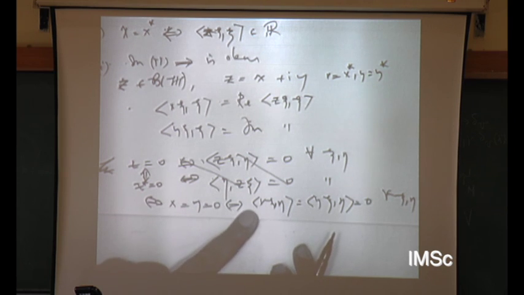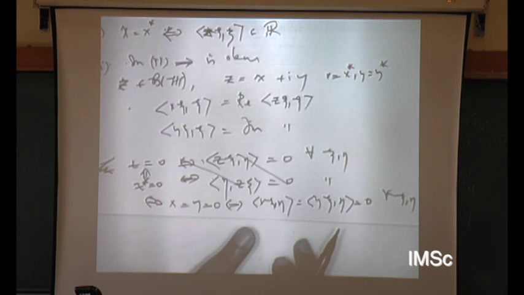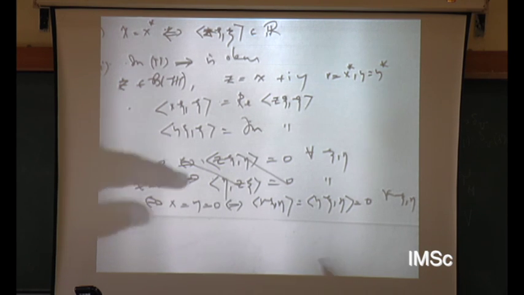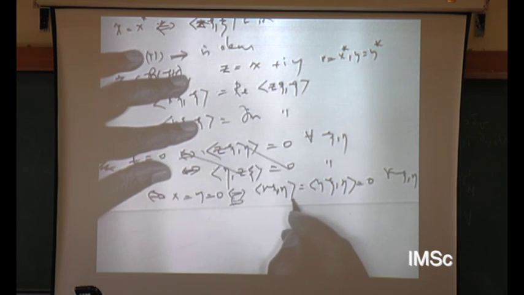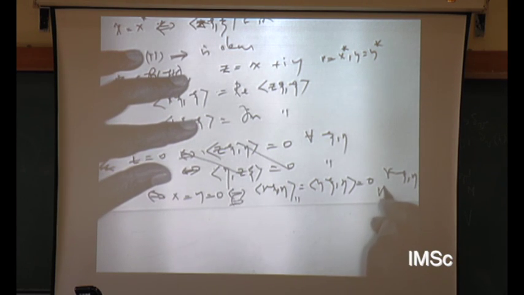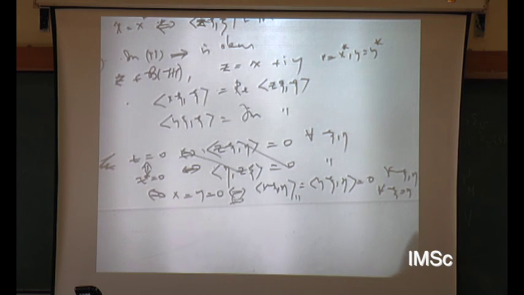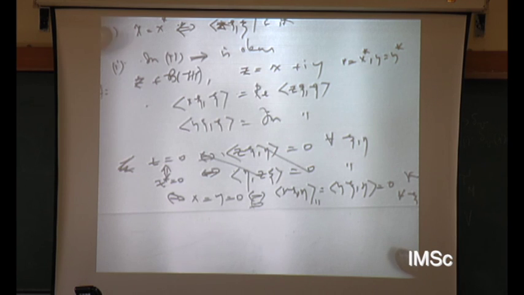But for self-adjoints, this is equivalent to the quadratic form being 0. Right? And so we get what we want. This is equivalent to the same thing with ξ equals η.